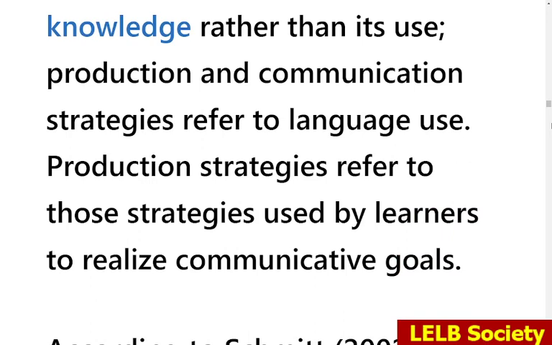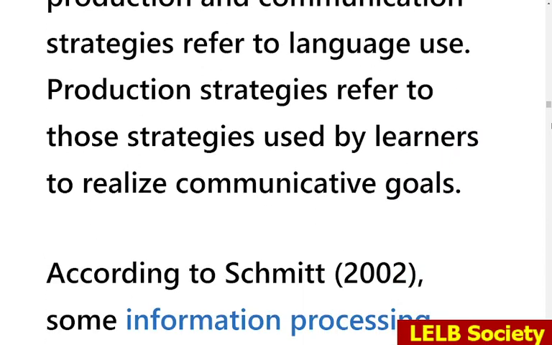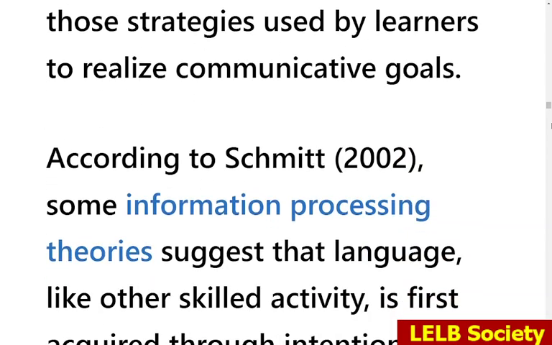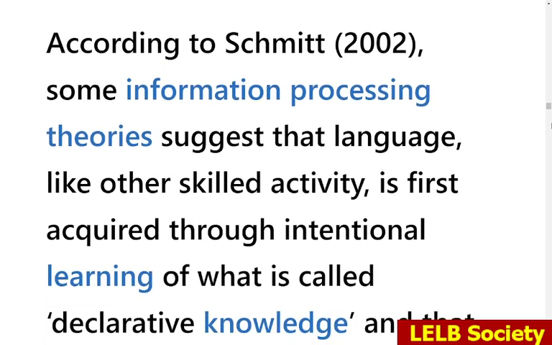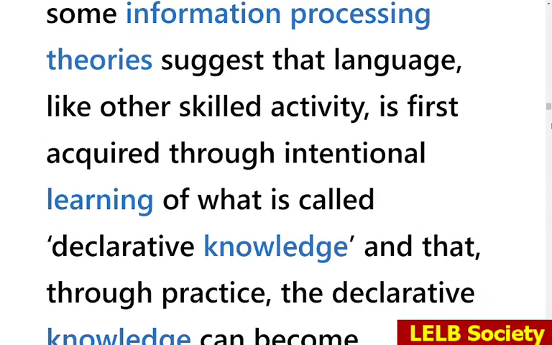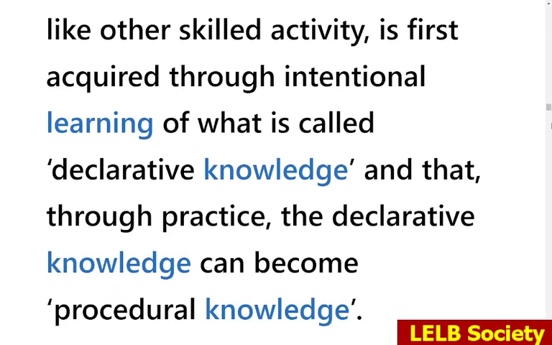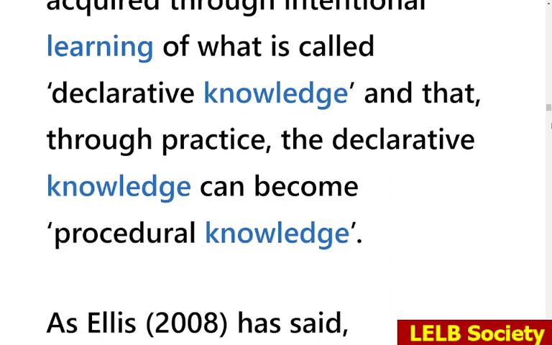Production strategies refer to those strategies used by learners to realize communicative goals. According to Schmidt 2002, some information processing theories suggest that language, like other skilled activity, is first acquired through intentional learning of what is called declarative knowledge, and that through practice the declarative knowledge can become procedural knowledge.